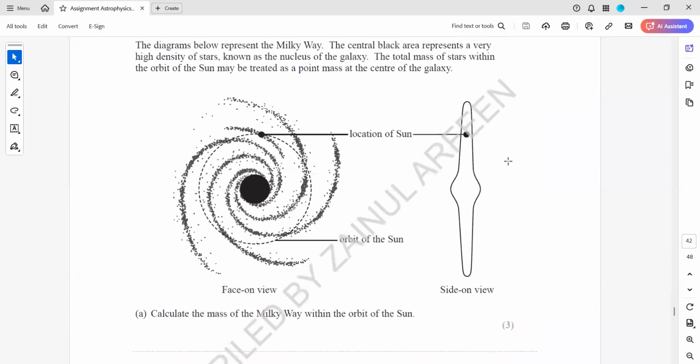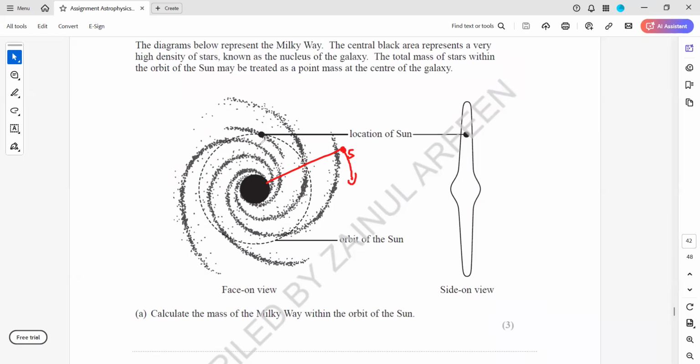So most of the mass is here. They are saying that if there is another star at a greater distance from the center of the Milky Way, the nucleus of the galaxy, it might move at a lower speed compared to the sun. The sun is moving at 220, but that star will move slower.